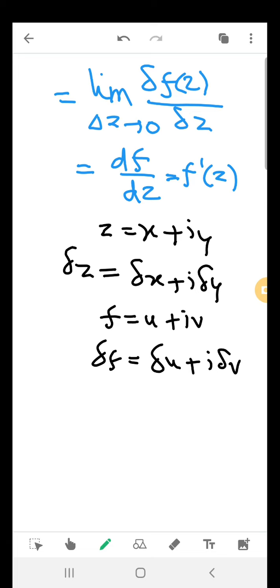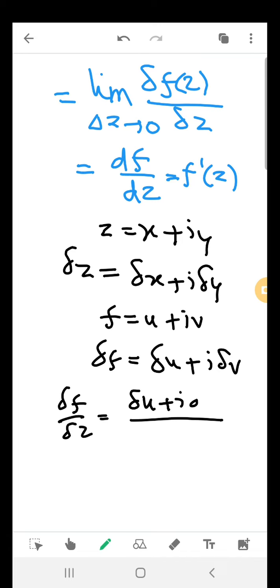So delta f by delta z is equal to delta u plus i delta v divided by delta x plus i delta y. Now the limit can be taken as delta z tends to 0.